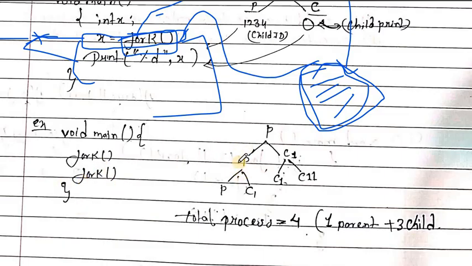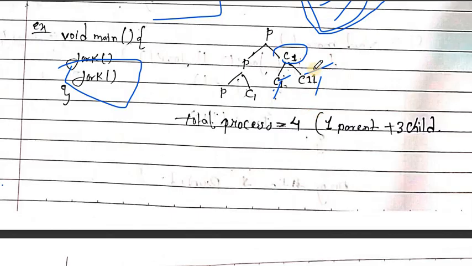So the parent will again create two processes, parent and child, and the child has the same code base, and its fork creates another two processes, a child and another child. So in total we get the parent, children, and children of the child process.